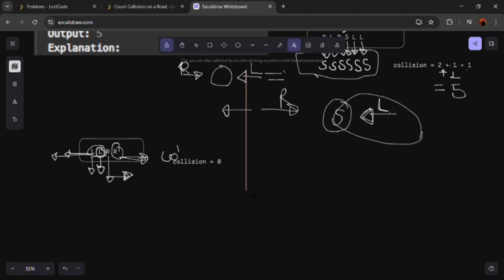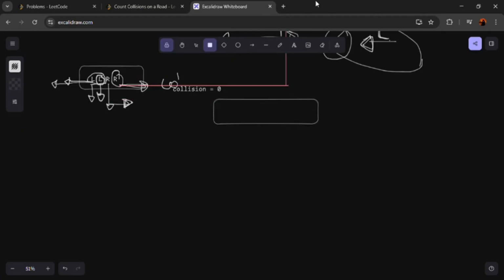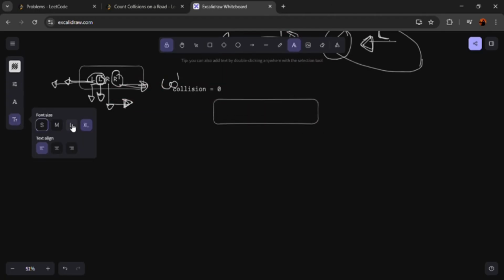Now let's move to the approach for this question. What approach can we apply? Here we write approach.